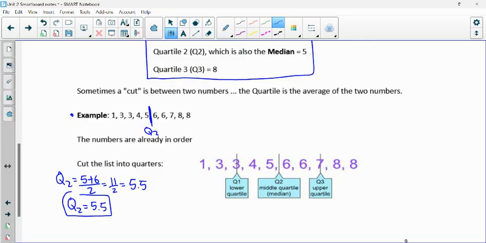Now, to find the Q1, the lower quartile, we're finding the middle of the left side. So since our cut line is in between the 5 and the 6, we are going to look at these 5 numbers, finding the middle of those. So my 1 and my 5, my 3 and the 4, so this 3 right there is the middle, because if you look, I have 2 to the left of that cut line and 2 to the right of that cut line. So my Q1 is the 3.